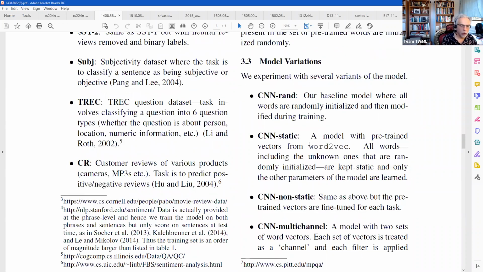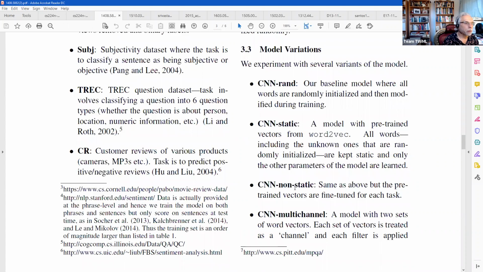If you come across a word in your sentence that isn't in the word2vec data set, then you just randomly initialize it and leave it. Don't even try to solve for it. Okay, so that's the CNN-static. CNN-non-static is the same as above, but the pre-trained vectors are fine-tuned.